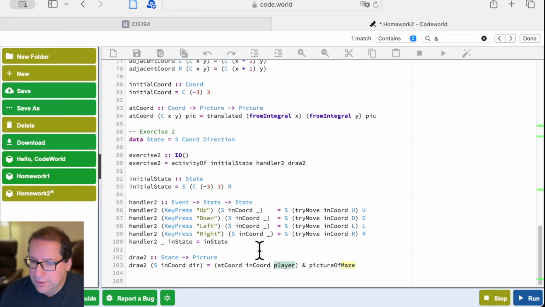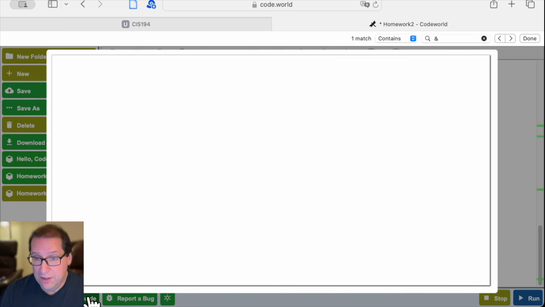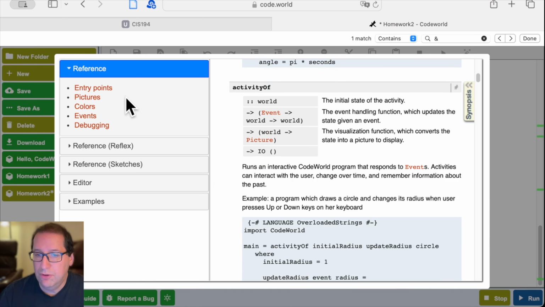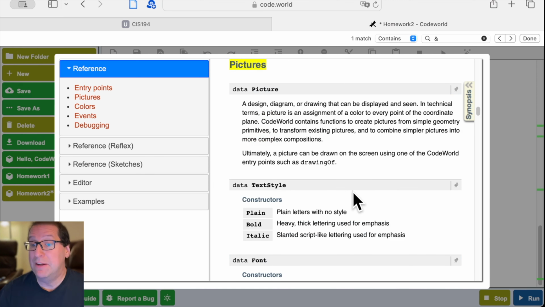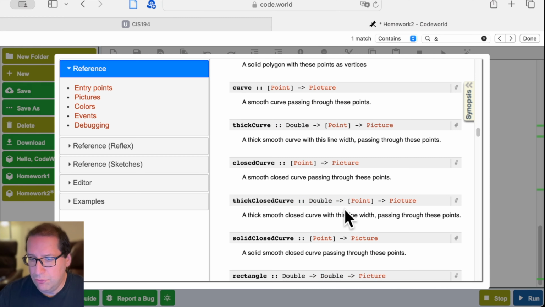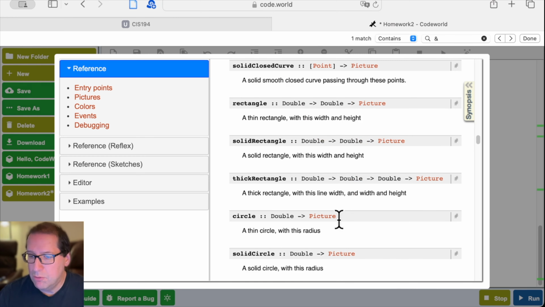I'm wondering if Code World has a way to rotate pictures, because if it does, then maybe the simplest thing to do is just rotate by however many degrees.